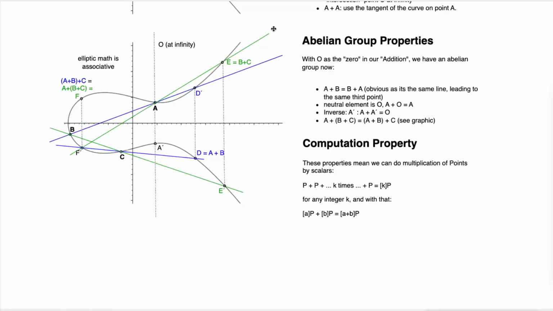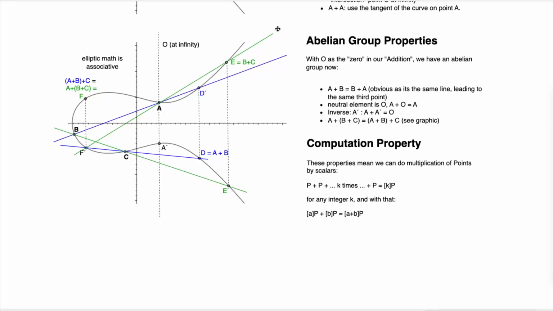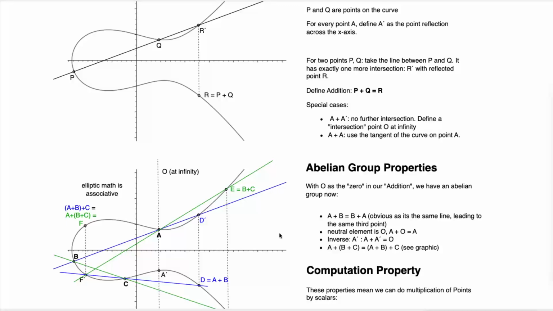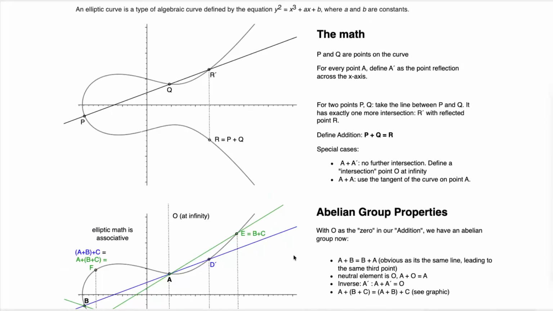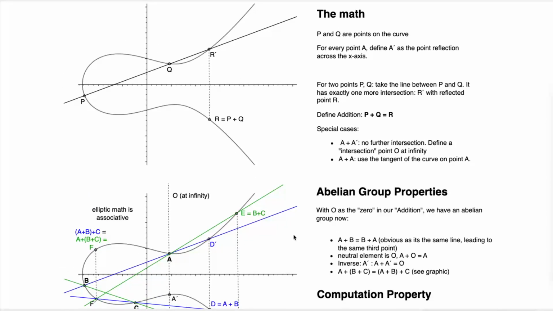And so that's our abelian group properties for elliptic curves.